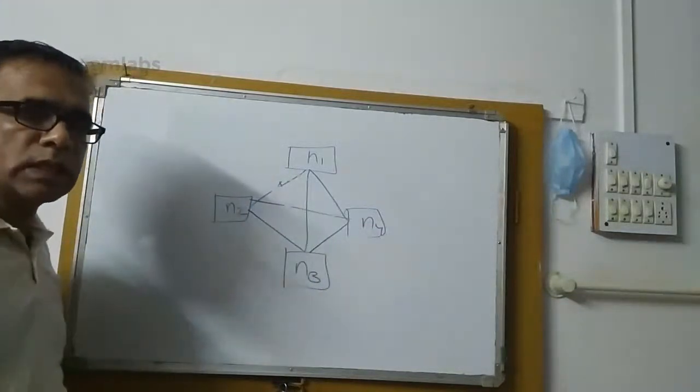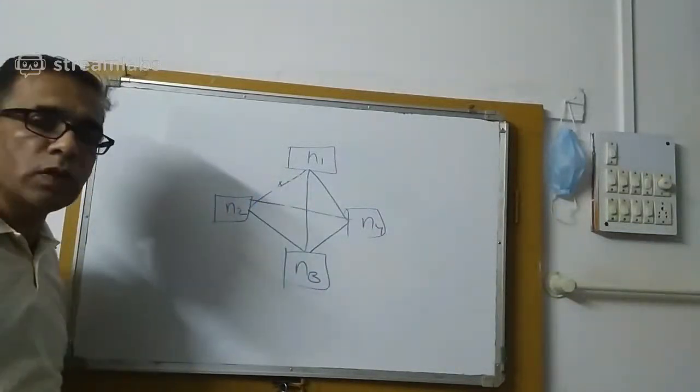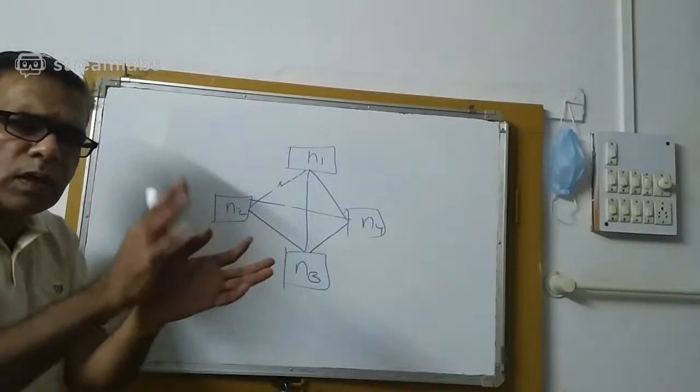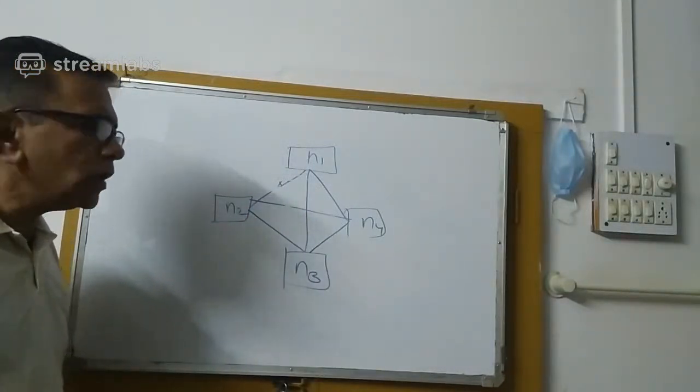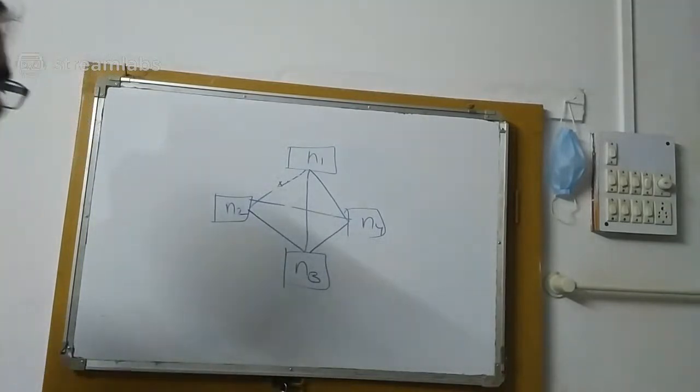So these are certain issues associated with mesh topology. For a smaller arrangement, it is very suitable. The biggest disadvantage is that you need more links and connectors, which make the system complicated.